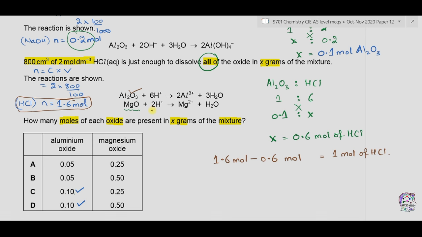According to the balanced equation, 2 moles of HCl dissolve 1 mole of magnesium oxide, so we can write the HCl to MgO ratio as 2:1 from the balanced equation. So as we have 1 mole of HCl left, 1 mole of HCl will dissolve X moles of magnesium oxide. So the number of moles of magnesium oxide dissolved by 1 mole of HCl will be 0.5 moles MgO. The correct answer is therefore D.